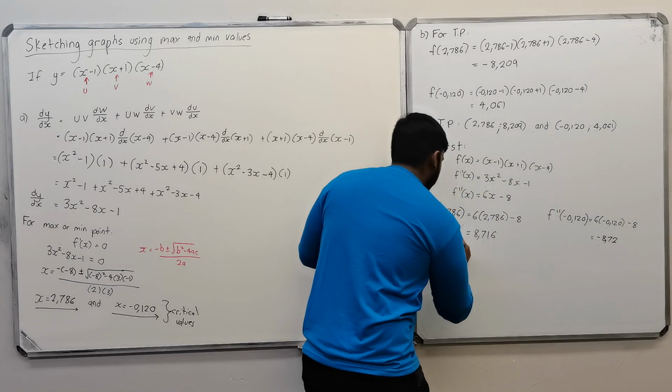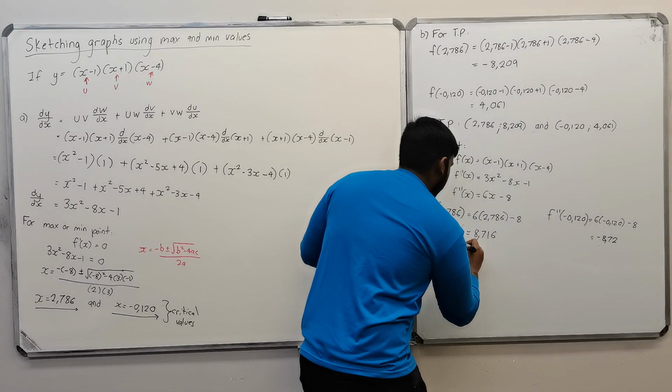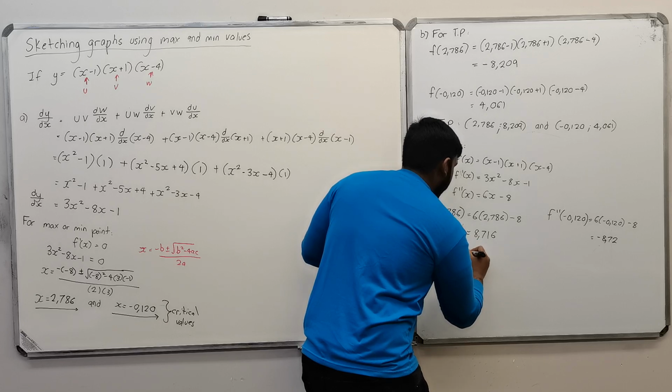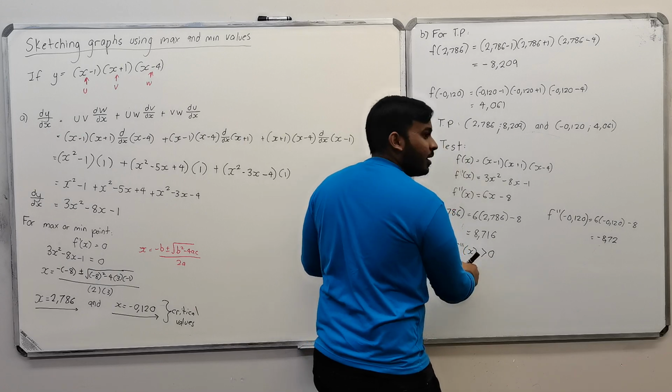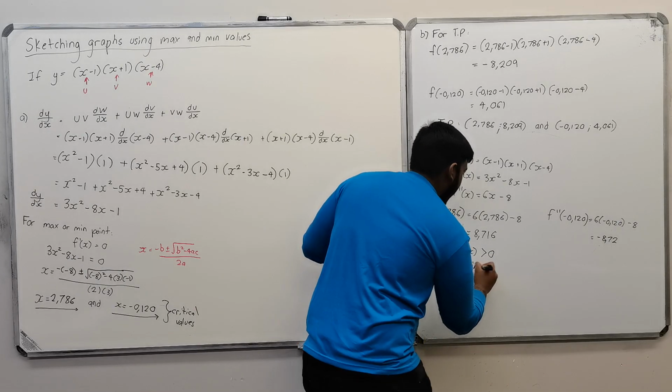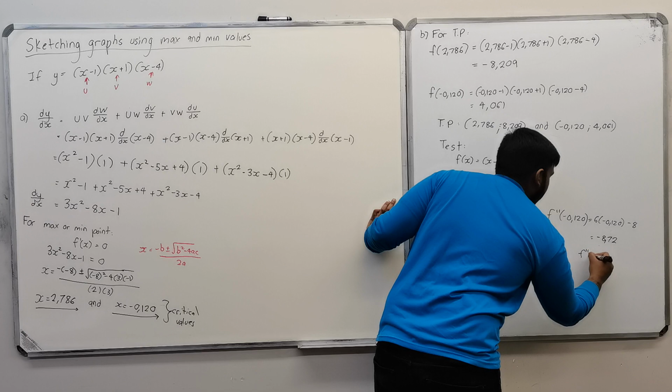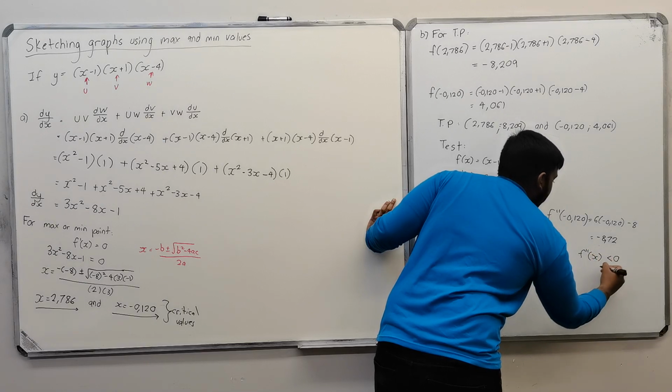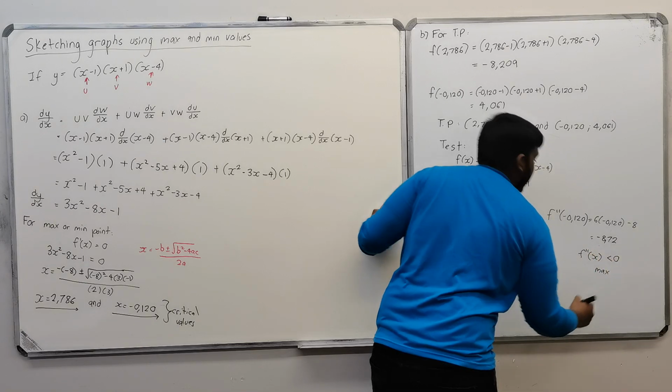Okay, so because your second derivative is greater than 0, this is a minimum point. And because your second derivative here is less than 0, this is a maximum. Everybody's with me?